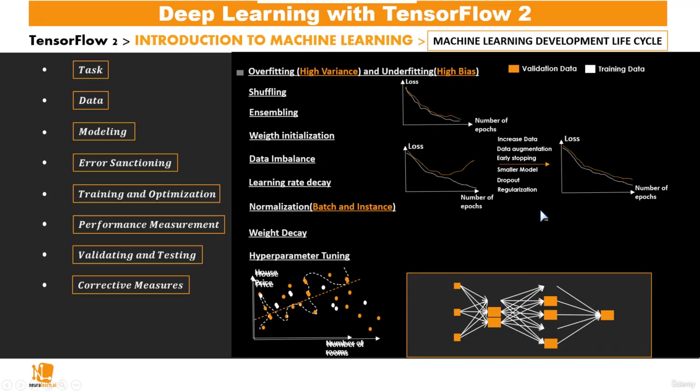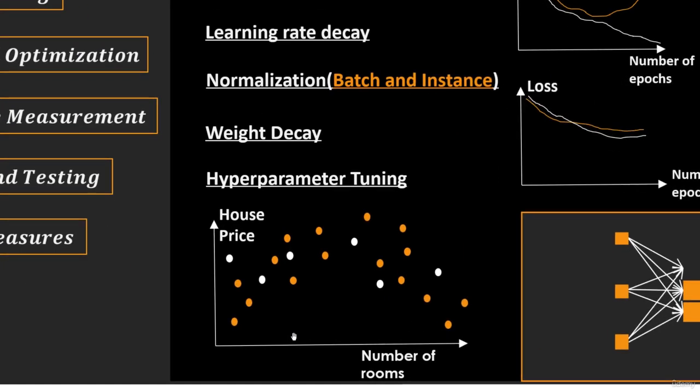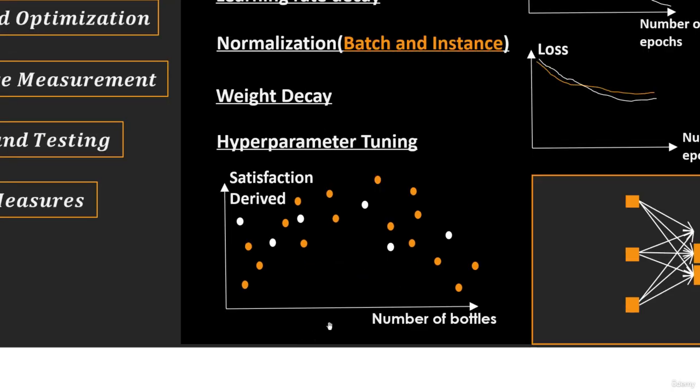Let's now suppose that during training we have both the training and validation losses way above the expected range of values such that we could consider our model to be highly performant. Let's take this example right here. Supposing we have this kind of data showing the relationship between the number of bottles drank and the satisfaction derived.